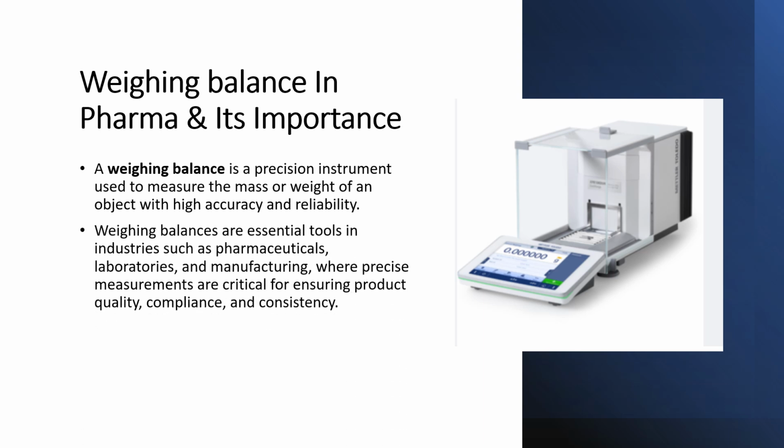Weighing balances are essential tools in industries such as pharmaceuticals, laboratories and manufacturing, where precise measurements are critical for ensuring product quality, compliance and consistency. In a regulated industry, having the right balance and following good weighing practices is very important, so that you can assure the balance is working correctly and the weights taken are accurate, and finally you meet the required results.